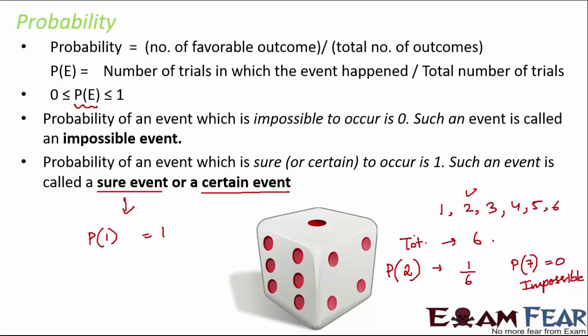So no matter whichever way you throw, you will always get a 1. That will be called a sure event. So if the probability of an event is 0, that means it is impossible, it can never happen. And if the probability is 1, that means it is a sure event. That is what will happen. But other than that, the probability of occurrence of an event is always somewhere between 0 and 1.